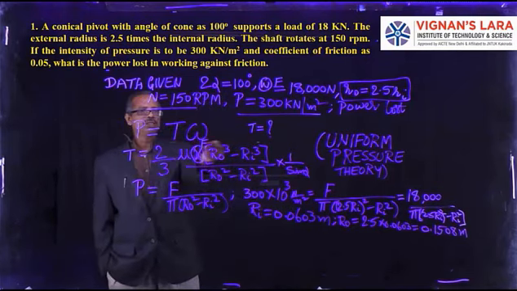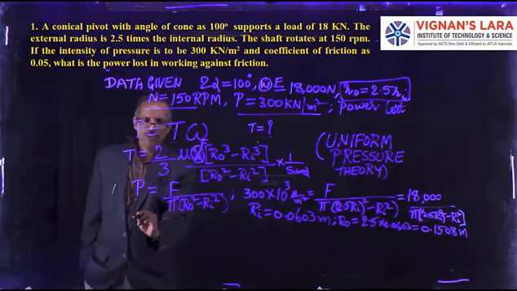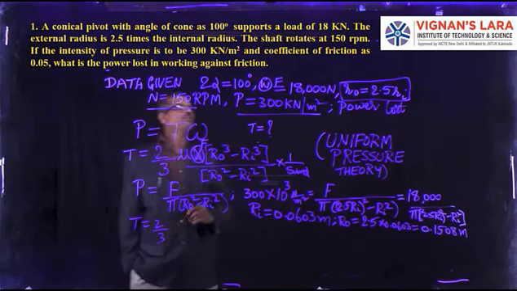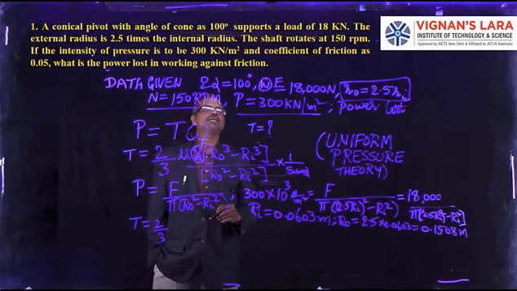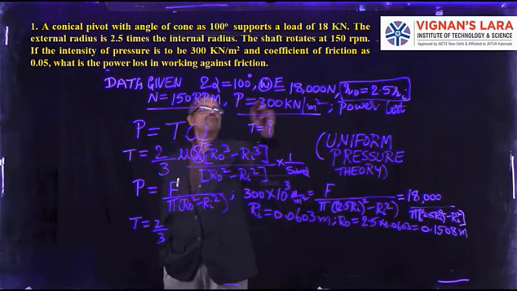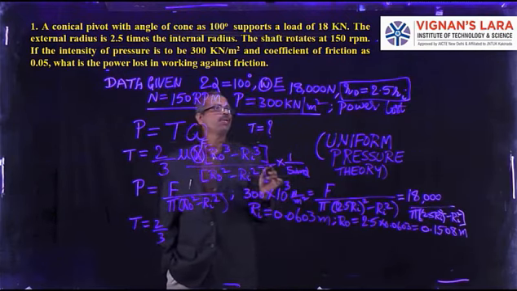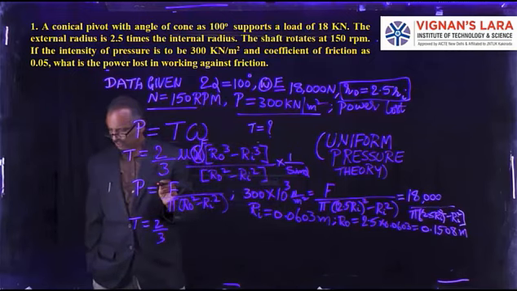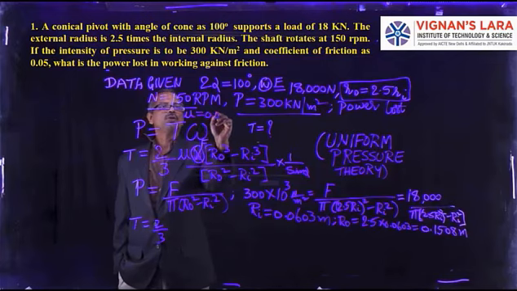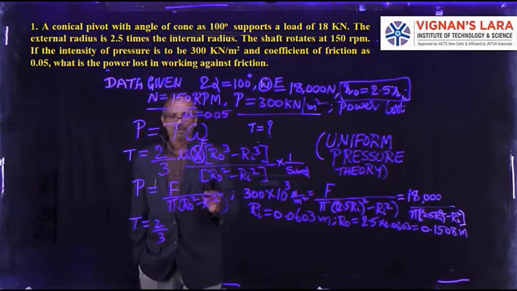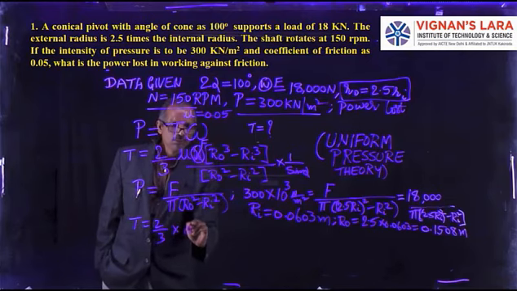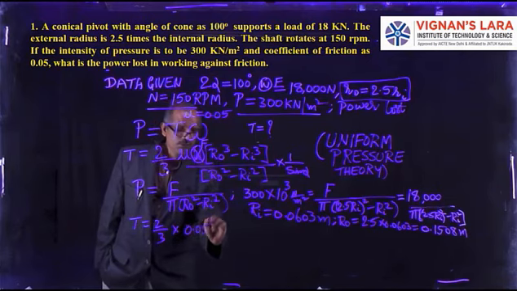Okay, so first I got the values of R naught and Ri. Now I will substitute in this T equation. T is equal to 2/3 mu, the coefficient of friction, which is given in the problem, F R naught cube minus Ri cube over R naught square minus Ri square, with 1 by sin alpha. Mu is given 0.05.